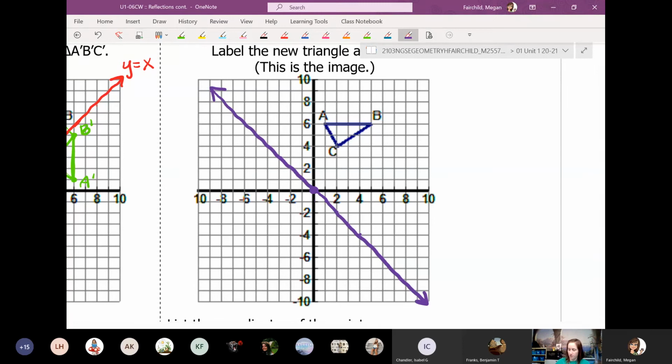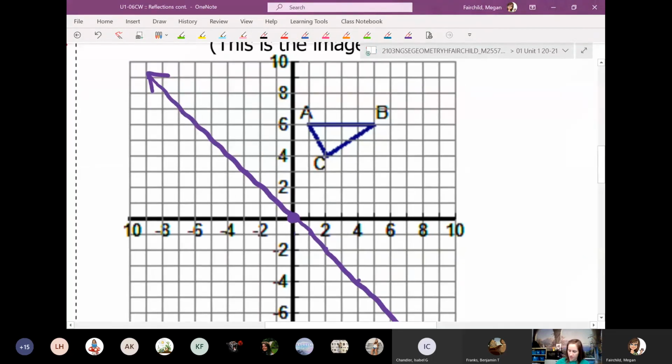If you need to use a ruler to draw these on paper, it might help. Or if you're on your Surface, the faster you draw it actually helps not be so wiggly. Now I'm going to count again how far away from this line of reflection A is. 1, I don't know why I just drew a loopy thing.